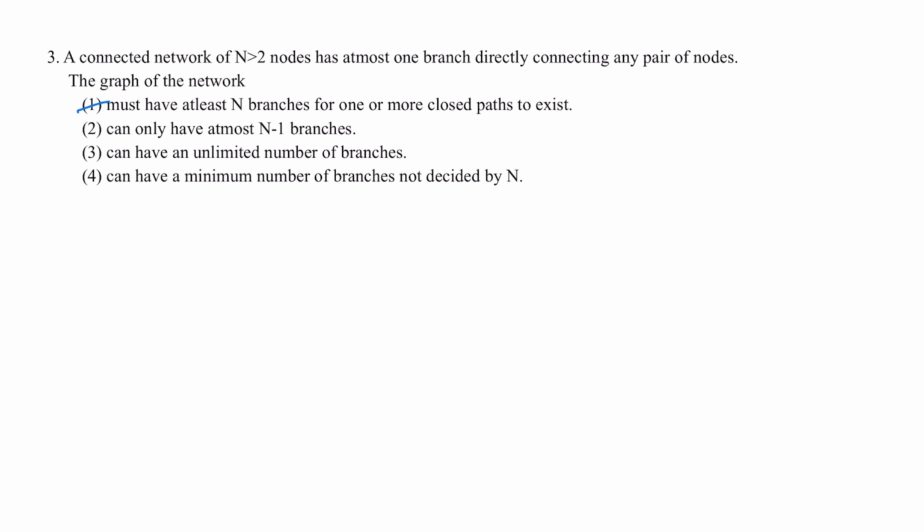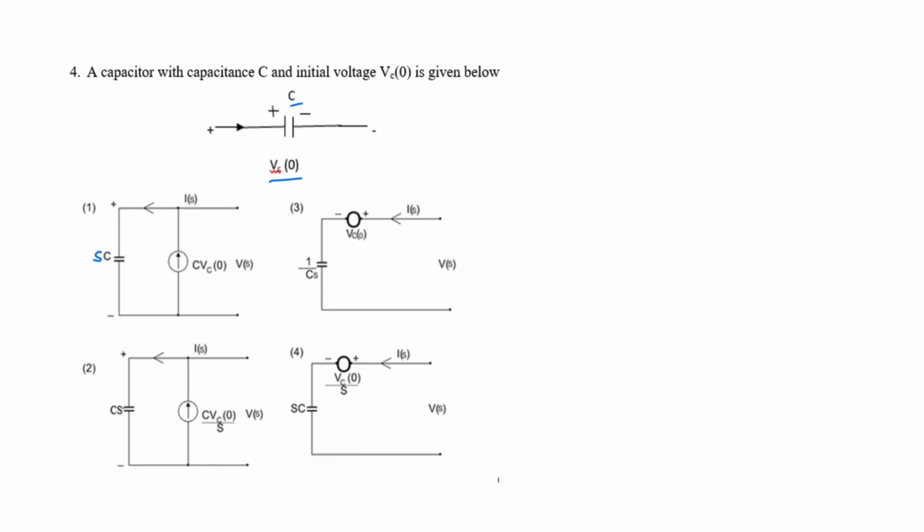Next question. A capacitor with capacitance C and initial voltage Vc of 0 is given below. Then impedance diagrams and admittance diagrams are given. Then we need to find which is the correct option. So the time domain representation of the current in the capacitor is i of t is equal to C dv by dt. Then voltage v of t is 1 by C integral from minus infinity to t of i of t dt.